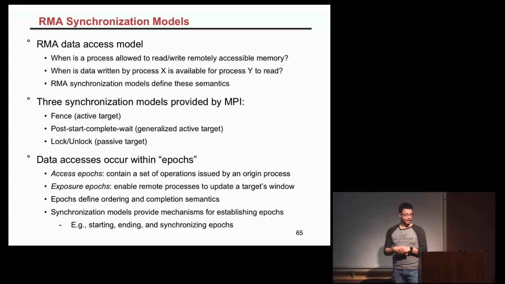And unfortunately, there are at least 3 and apparently 4 different ways of synchronizing. And half of them start with active target. For me, personally, it doesn't make sense to have the target active if your goal is one-sided operation and not disturbing the other processor. So even though there are good use cases of active target, for applications where you really need one-sided operation, you want the passive target synchronization. That makes much more sense, right?